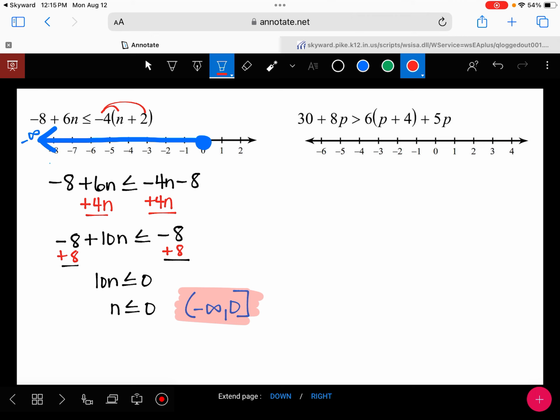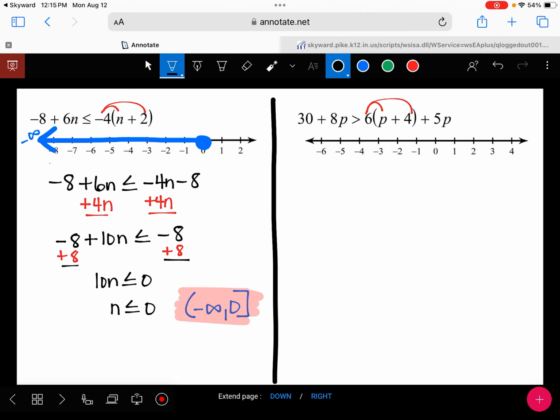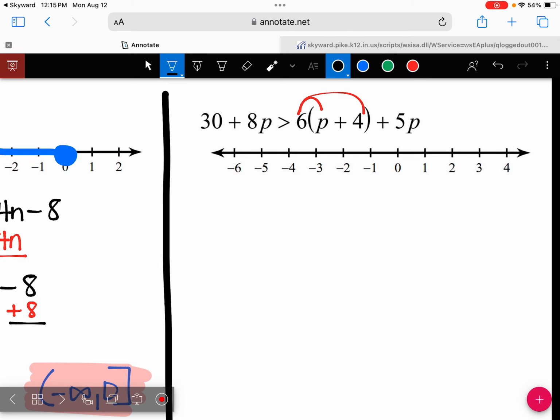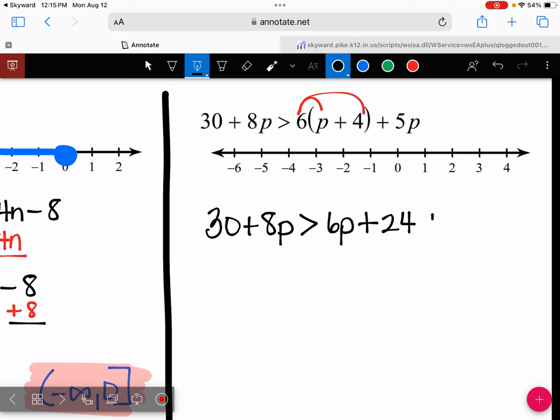All right, so let's go ahead and work through it. First step would be to distribute the positive 6. So 30 plus 8p is greater than 6p plus 24 plus 5p.